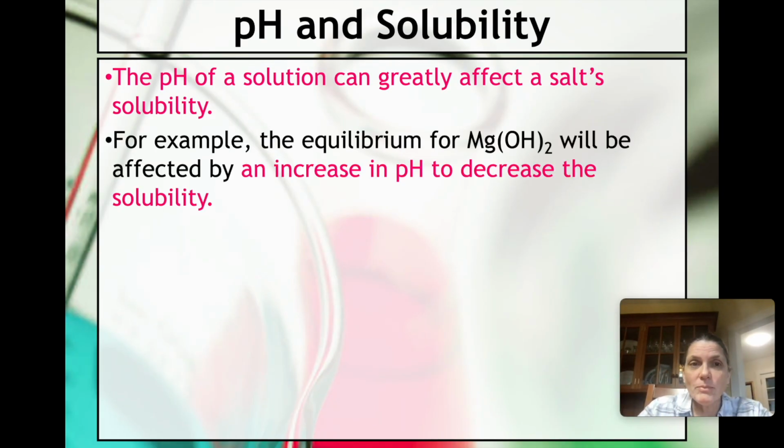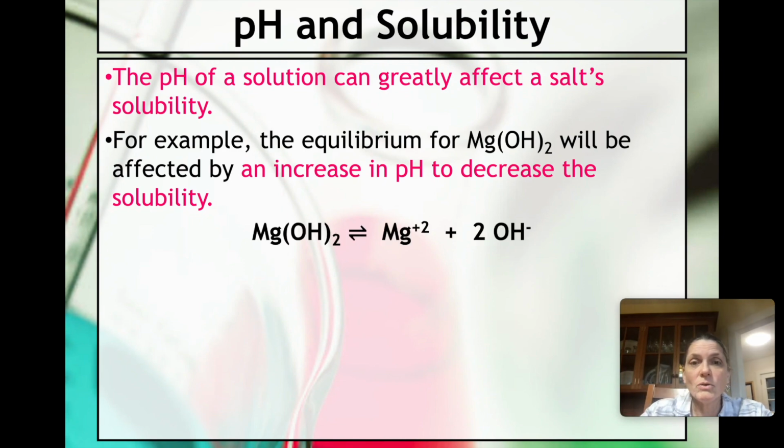So when we talk about these Ksp systems, sometimes there are ions that can affect the pH. Now, the most obvious one is something like magnesium hydroxide, for example. This is one of the equilibrium systems we studied in our Le Chatelier's lab, the one with milk of magnesia.